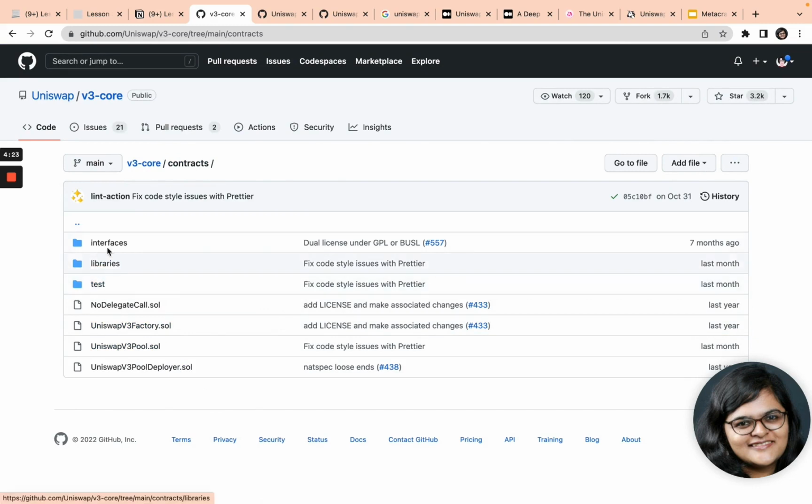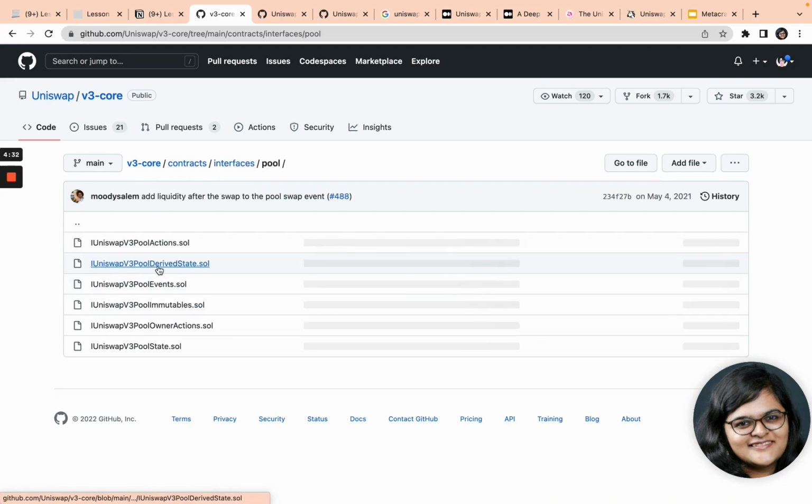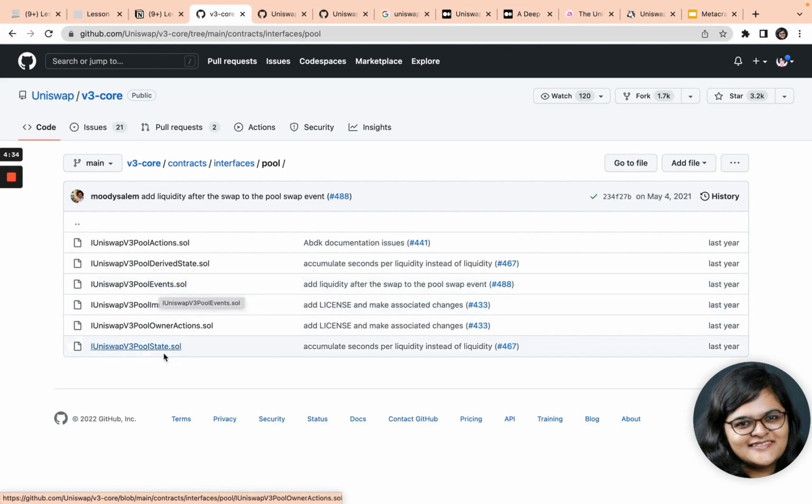We can also take a look at, let me see, let's go to the pool. Okay, actions is one of the significant things, of course. And then the events that you will be emitting as part of what's happening with the pool, whenever something happens, if new liquidity is added or something is collected.